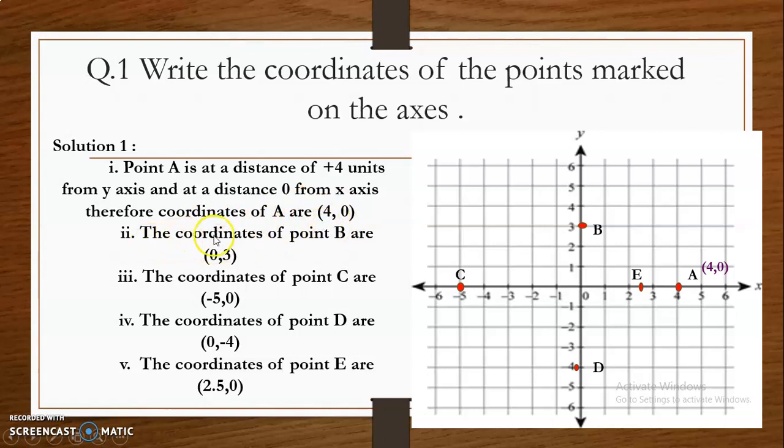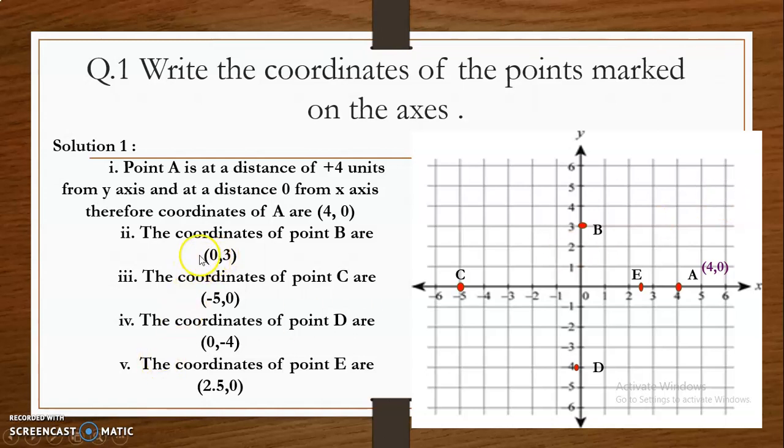Now, similarly, we have to tell the coordinates of the point B. How much distance away from the y-axis? It is not at all away from the y-axis. It is lying on the y-axis. So the first distance is 0 because it is not lying away from the vertical axis.